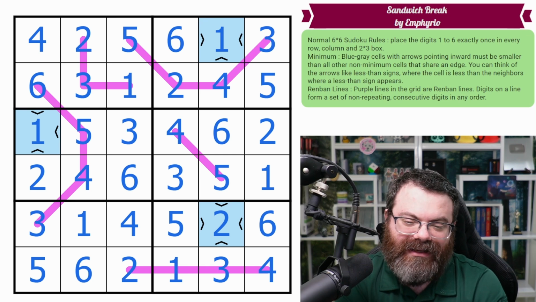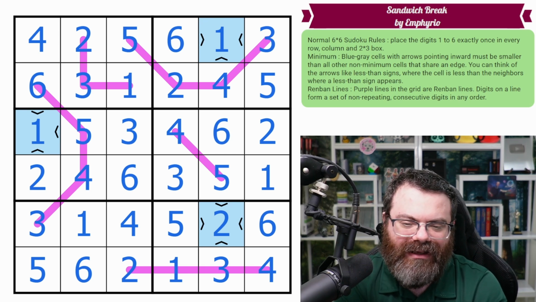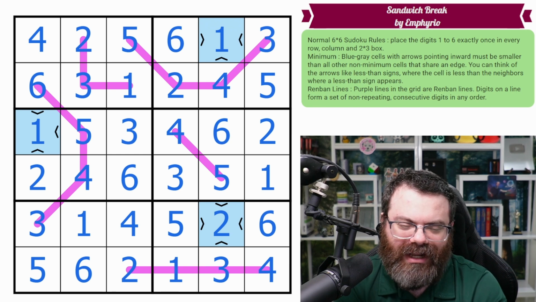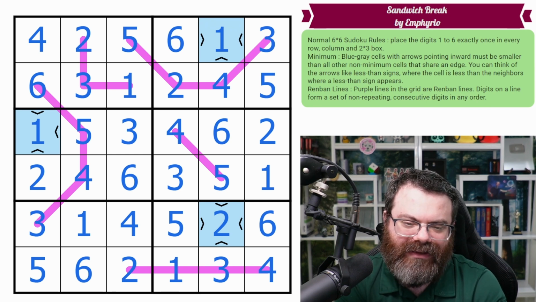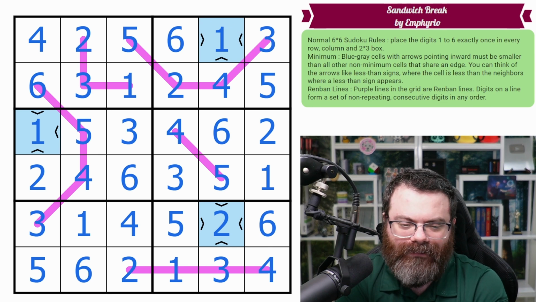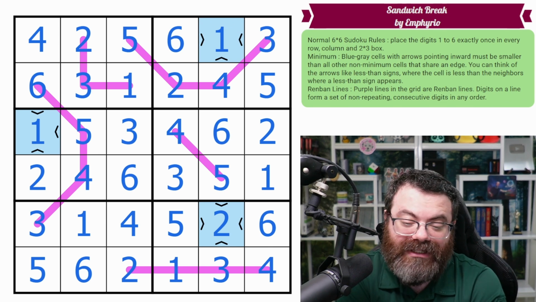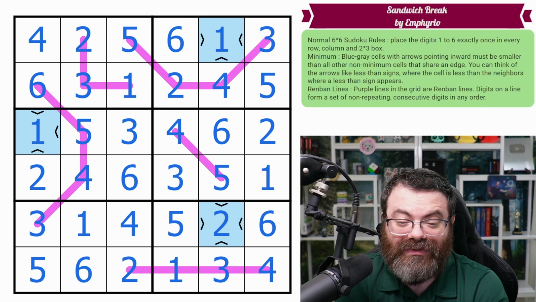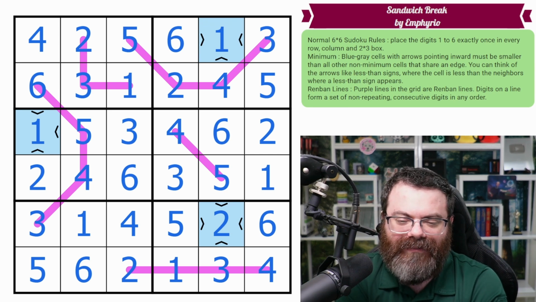Obviously 6x6s can get a lot more difficult than what we do in this series, but do let us know your honest feedback about the difficulty and where you think it stands and whether you think it's getting too difficult for a puzzle like this, or maybe I just struggled with it and no one else did, which is quite possible. So yeah, just let me know.